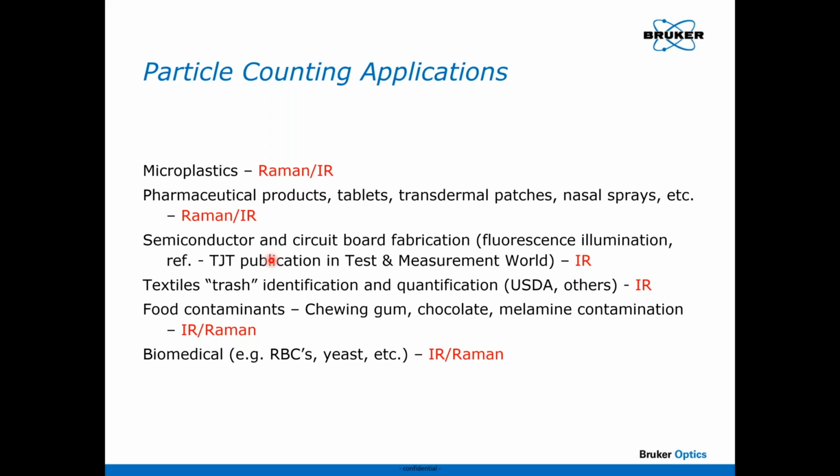Chewing gums, chocolates, melamine contamination, both IR and Raman work really well. And even in biomedical industries, I spent a few years in my now somewhat distant past characterizing and counting RBCs, WBCs, yeast, and so forth. So again, those work fine using molecular spectroscopy also.